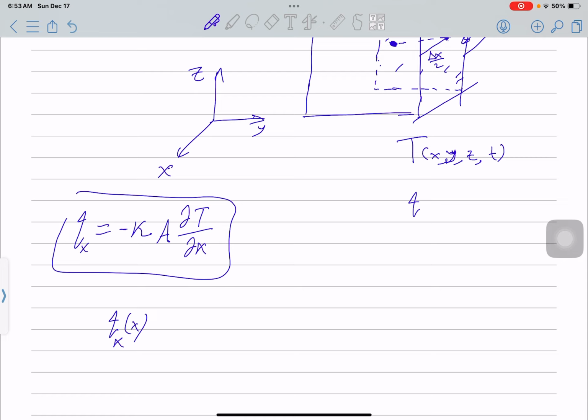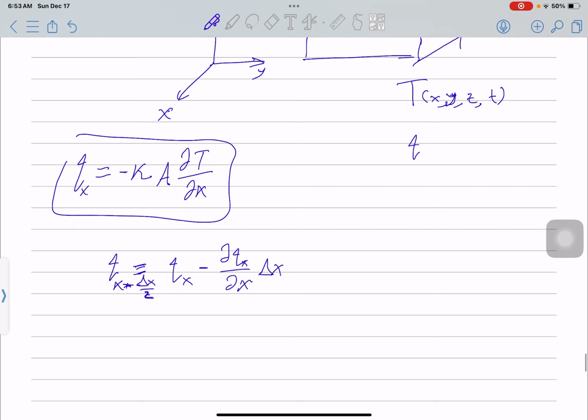Qx at x plus or minus delta x over 2 can be interpreted as Qx plus or minus partial Qx by partial x times delta x over 2.